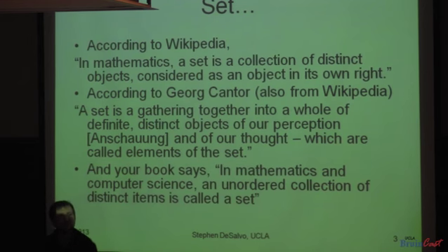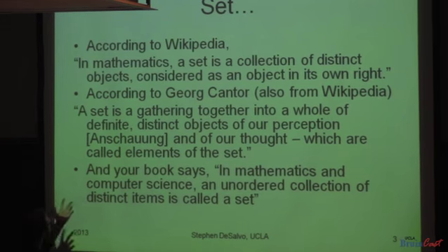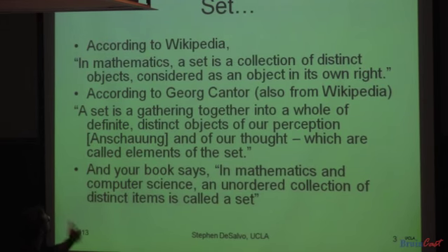We're just going to use the most basic intuitive notions of sets. So what is a set? It's just a collection of distinct objects considered as an object in its own right. Forget about considered as an object in its own right. It's just a collection of distinct objects. And then from your book, I think it says a set is a gathering together into a whole of, no, that's also from Wikipedia.